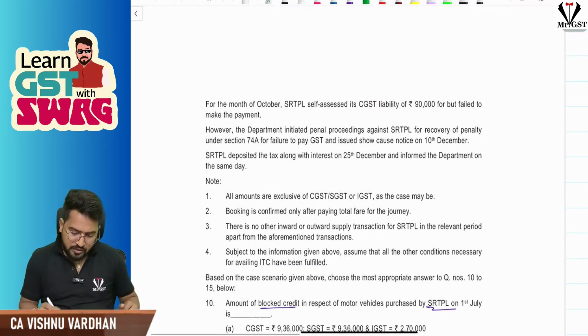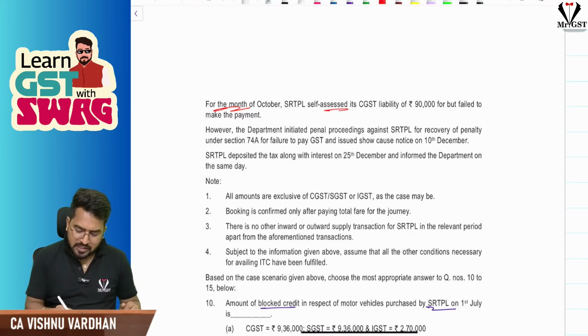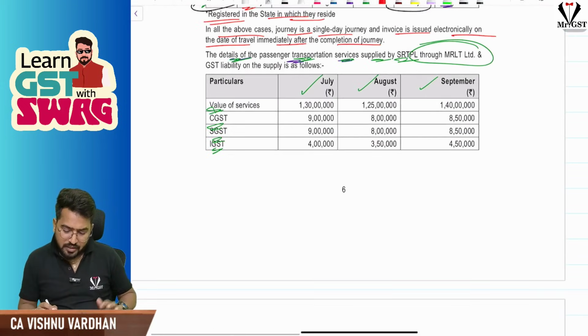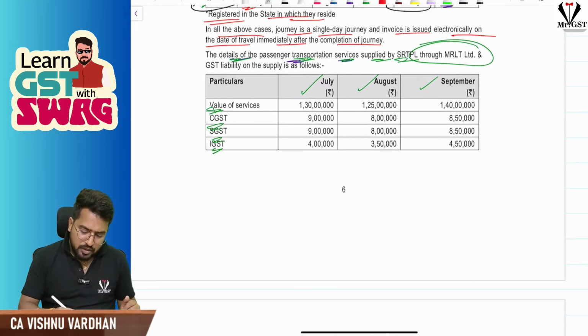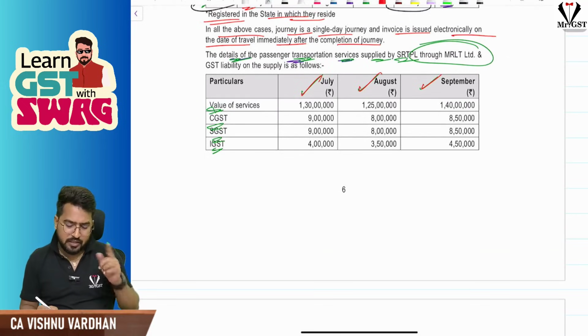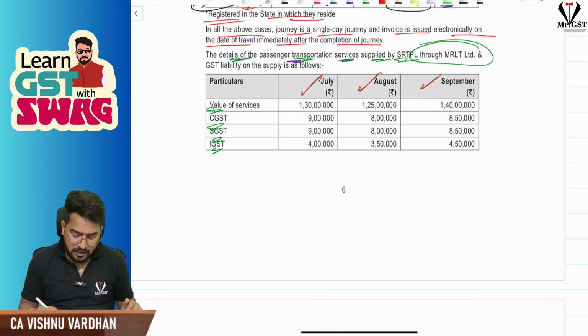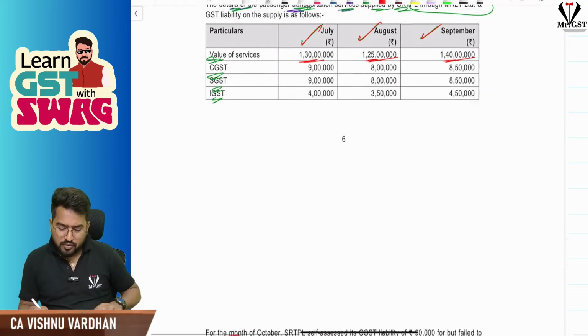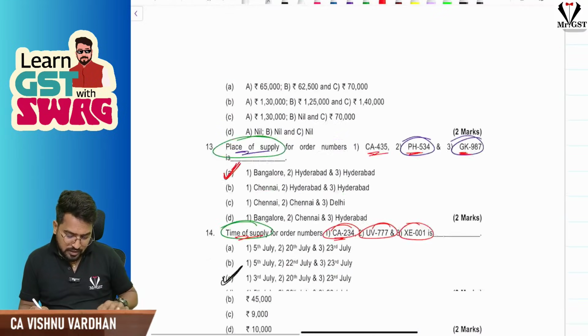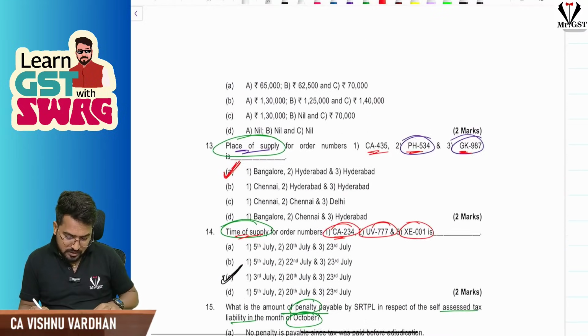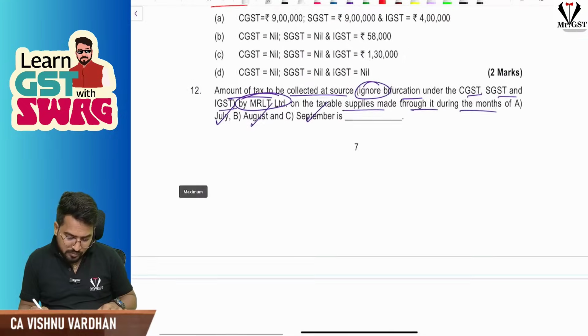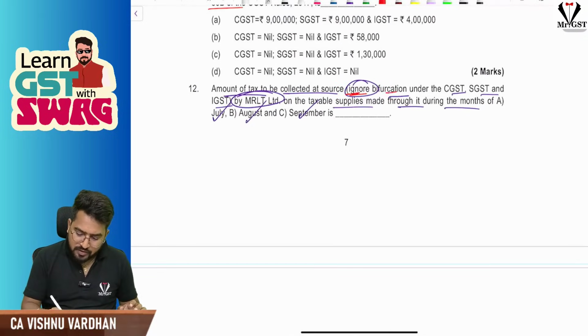They also give some other information regarding self-assessed tax, but there is a TCS question too. Whatever the supplies made through MRLT, MRLT has to collect tax at source at 0.5% on 1 crore 30 lakhs, 1 crore 25 lakhs, and 1 crore 40 lakhs. They have asked us to ignore the bifurcation of taxes for July, August, September.